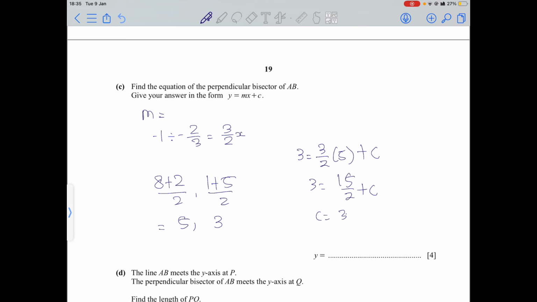C is equal to 3 minus 15 over 2, negative 4.5. So I'll just check that then, whether 3 by 2 times 5 minus 4.5, yes, it does give 3. So the equation is basically y equals 3 over 2, which is 1.5x, minus 4.5.